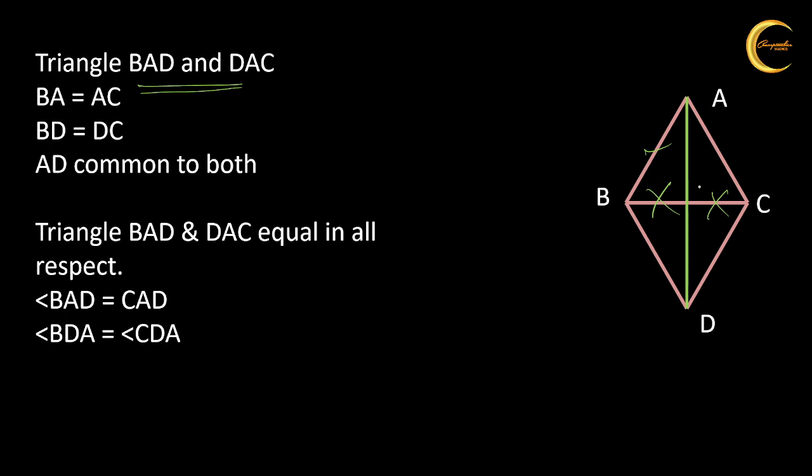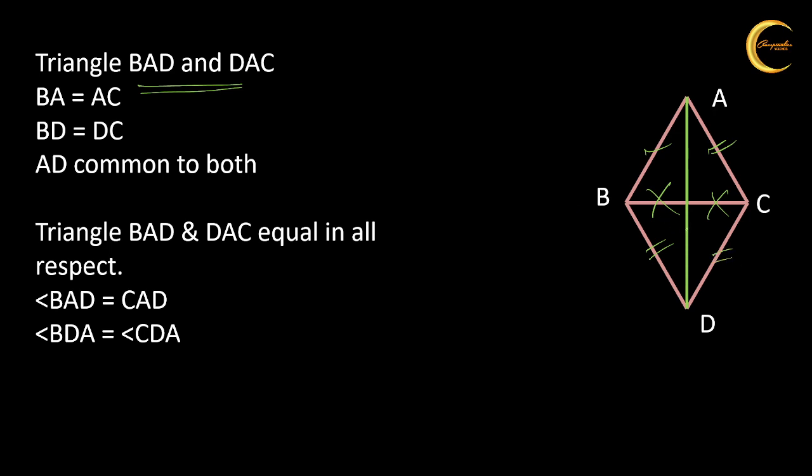ABC is an isosceles triangle, so its two sides AB equals AC. And BDC is also an isosceles triangle, so BD equals CD.